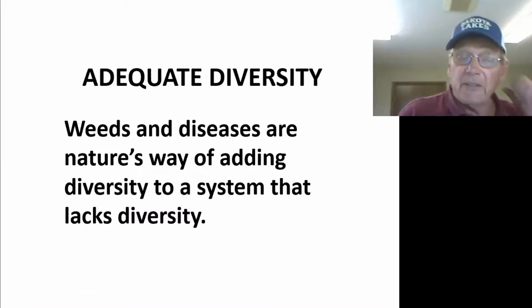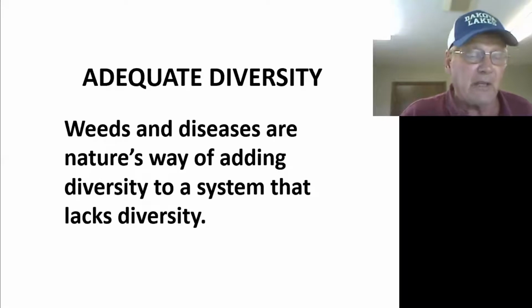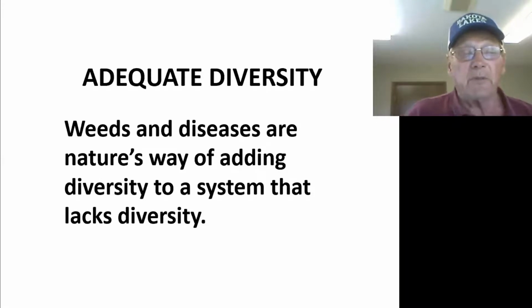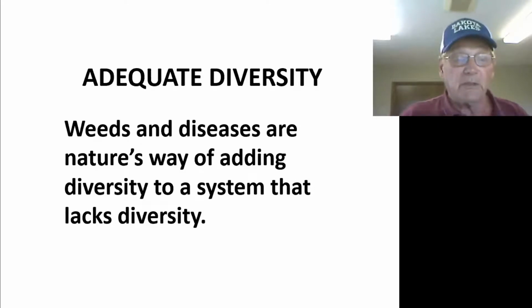Weeds and diseases are nature's way of adding diversity to a system that lacks diversity, and our key here is we've really focused a lot on diverse systems, so we don't have to spend as much on herbicides and other pesticides.